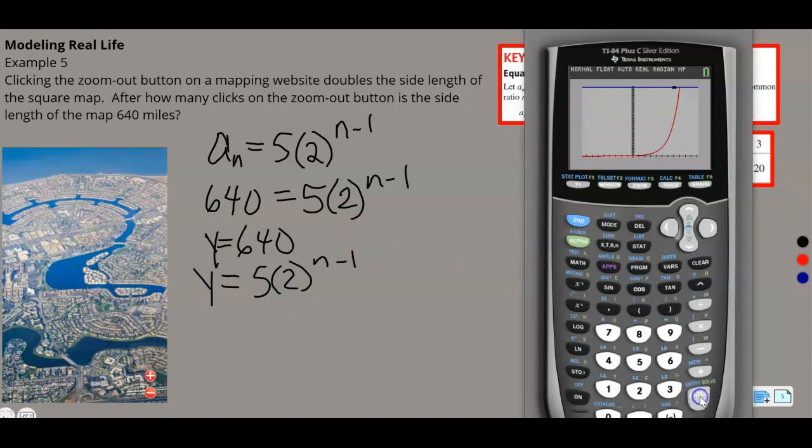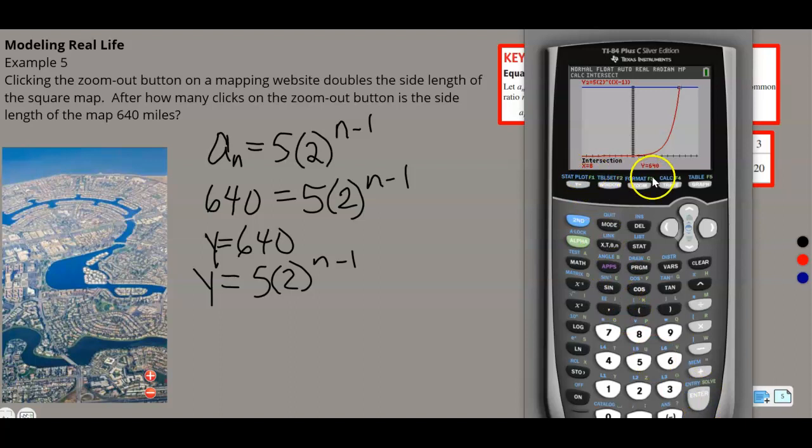For some reason I had to click that several times. Let's see, I'm going to try that again. Intersect. So first curve, enter. Second curve, enter. Guess and then intersect.